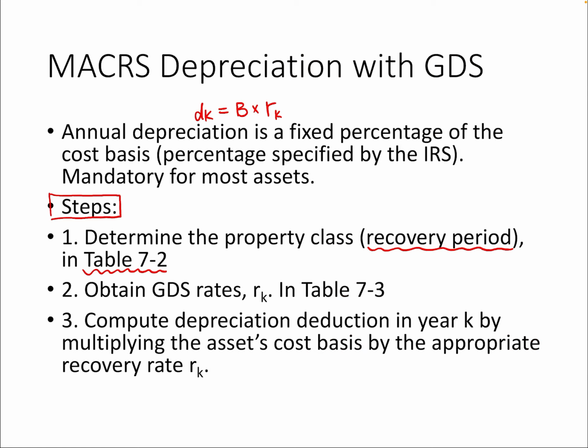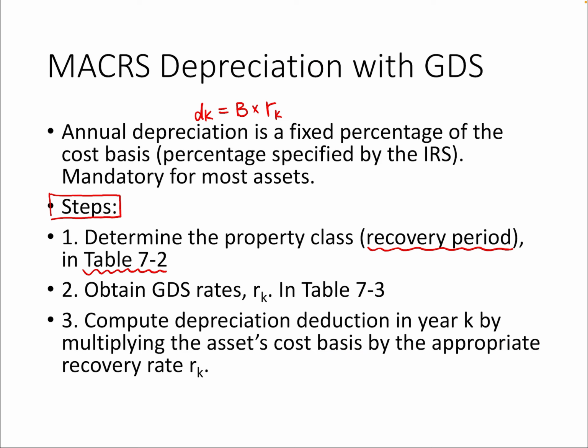And the second step is you want to obtain the GDS rates, the RK, in table 7-3. Because the reason we want to use this MACRS method is we want to calculate the DK, the depreciation deduction for every year.